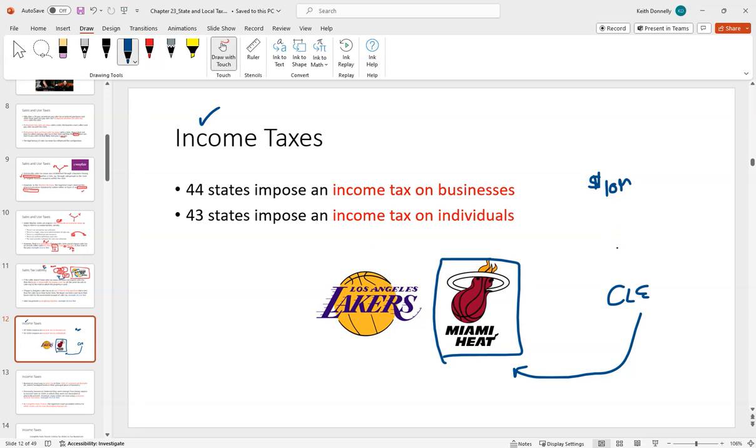Would you rather get that 10 million a year where in Cleveland they have income tax of, let's just say, 4%, Miami has state income tax of 0%, or California, where it's 10%? You can see this favors, at least from an athletic standpoint, people wanting to play in Florida and Texas and things like that, where there is no state income tax.